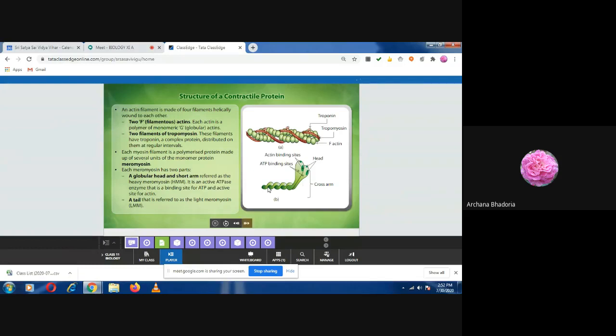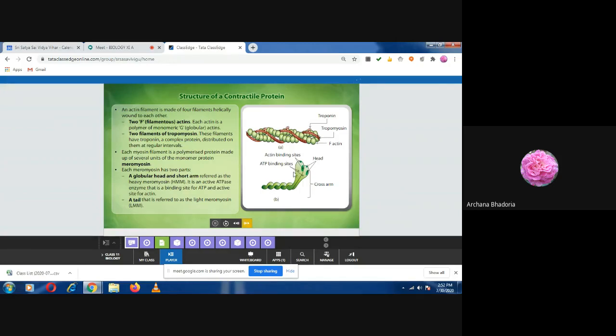And what is this tail called? Light meromyosin. And in total, what is the full structure? Meromyosin. And many units of such meromyosins will make up what? Myosin filament. Understood everyone?